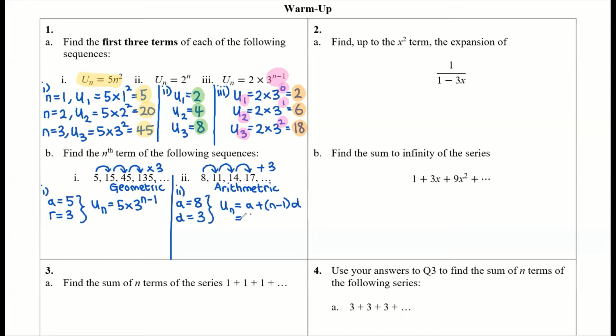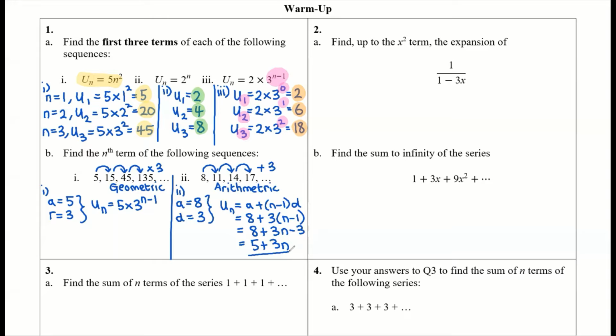So this is going to be 8, and then the d is 3, so I'm going to multiply the d by n subtract 1. Let's just expand that. So that's going to be 8 plus 3n subtract 3. In other words, this is going to be 5 add 3n.